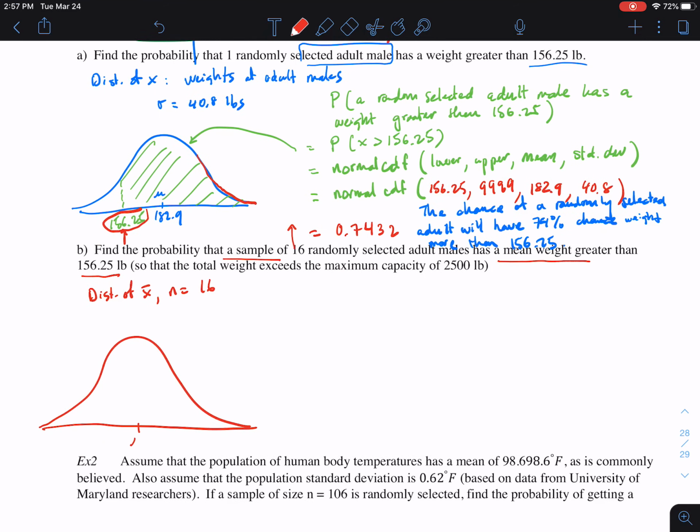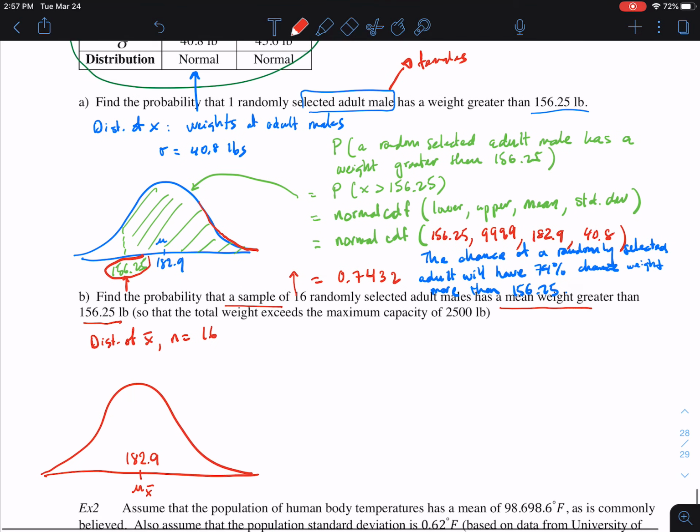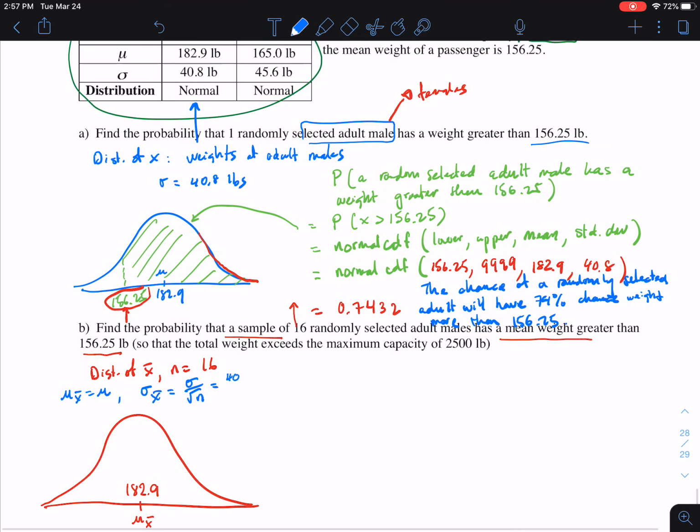The mean of all these sample means is the same as the population mean, and that's a result from the central limit theorem. So this mean here is equal to that mean. The standard deviation of this distribution is sigma over square root of n. In this case, sigma is the original population standard deviation divided by the square root of the sample size, which is 16.